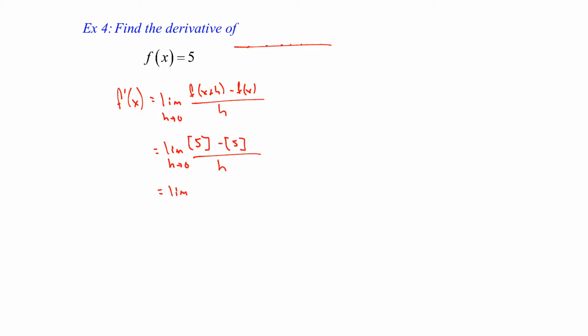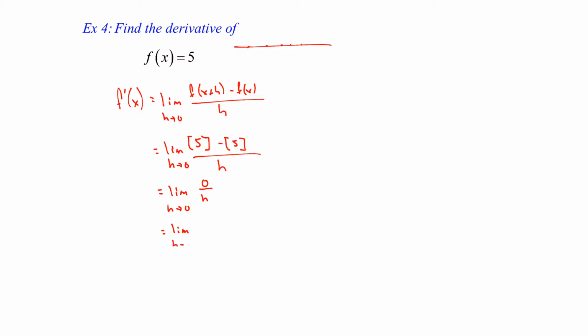So that'll leave us with the limit as h approaches 0 of 0 divided by h. Well, 0 divided by h is 0, but in terms of as h approaches 0, what is it getting closer and closer to? Well, it's getting closer and closer to 0.